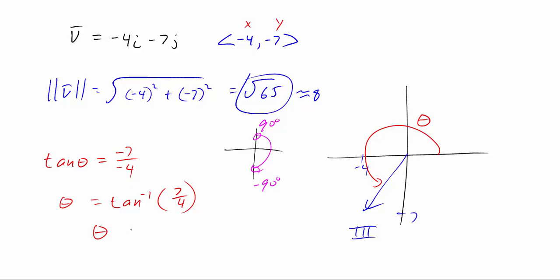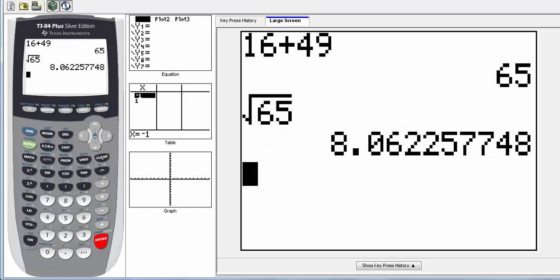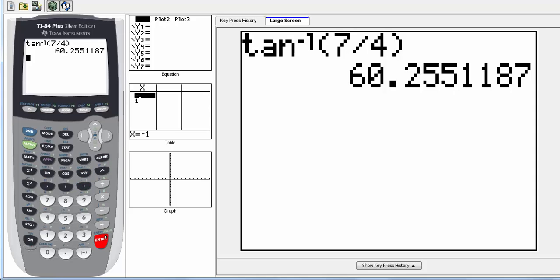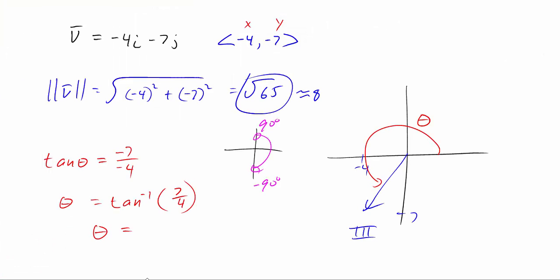If we go to the calculator and take the inverse tangent of 7/4, we get an angle of 60.2 or 60.3, or to make this a little bit easier, I'm just going to round it and think of this as 60 degrees. So we have an angle of 60 degrees.